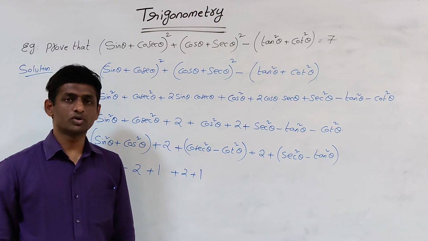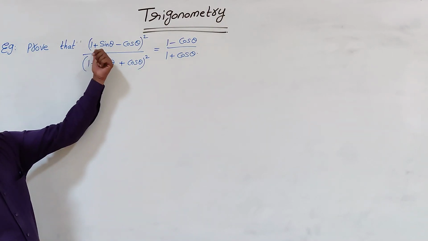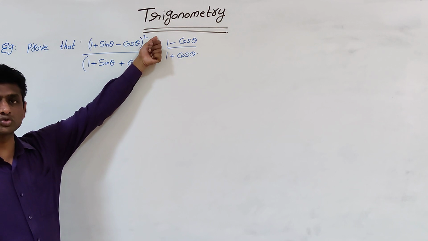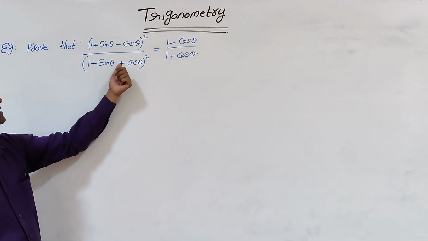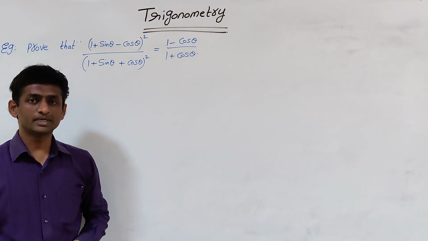Next, we'll see one more problem. Prove that (1 plus sin theta minus cos theta) whole square by (1 plus sin theta plus cos theta) whole square is equal to (1 minus cos theta) by (1 plus cos theta).